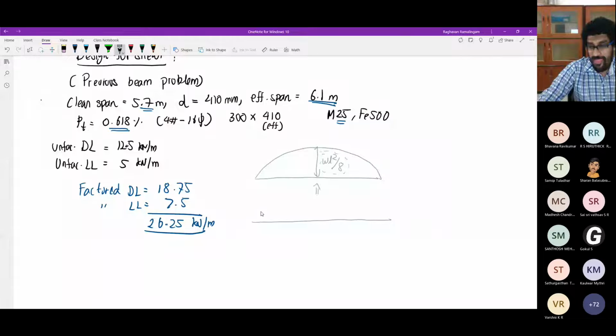Is it a triangle like this, or like this? Right or wrong? You said 2 triangles, joined at the middle. Is this right? No sir, this is wrong.